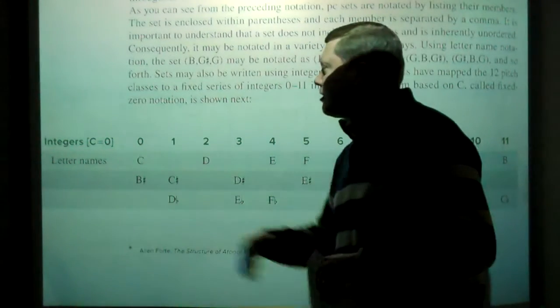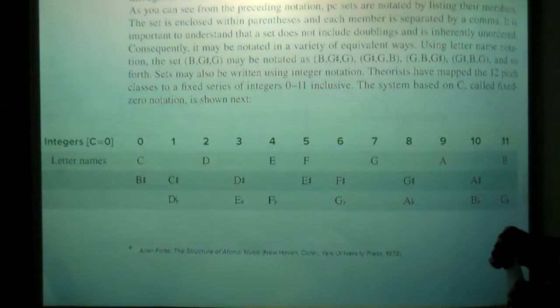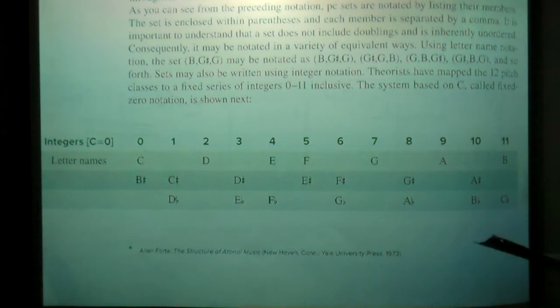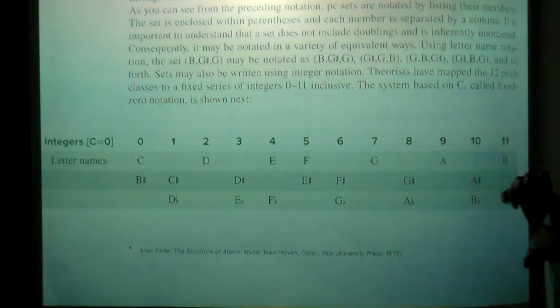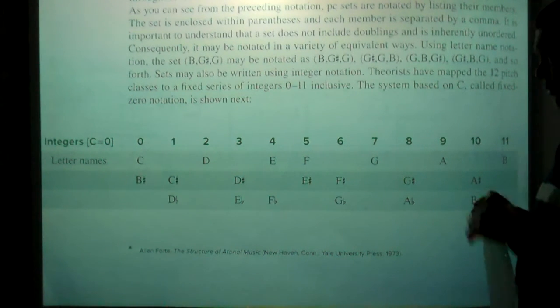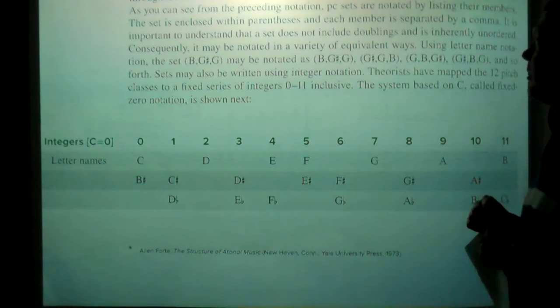And C is the pitch class that starts us on 0. C equals 0 in this fixed integer notation system for pitch classes. Another thing that we talked about regarding pitch class is that it doesn't matter what octave a pitch is in, nor does it matter how it is spelled enharmonically or not.